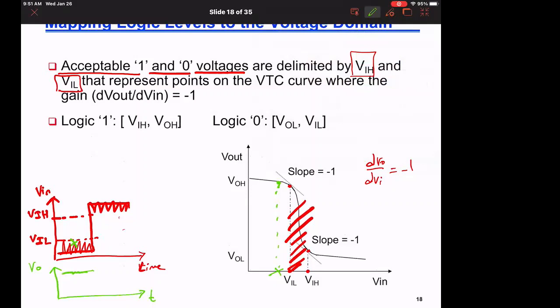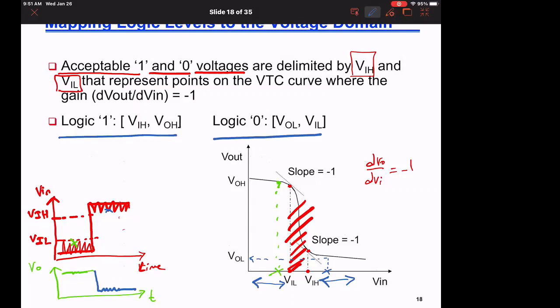Okay, and then let me take a point here, any point here, so long as it is higher than VIH. Any point here will give me an output that is very close to VOL. So as long as my input is fluctuating below VIL or above VIH, it can represent to me logic 0 or logic 1 perfectly without having the noise affect me.